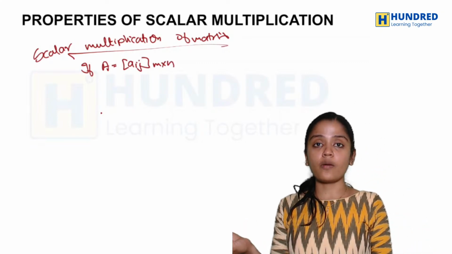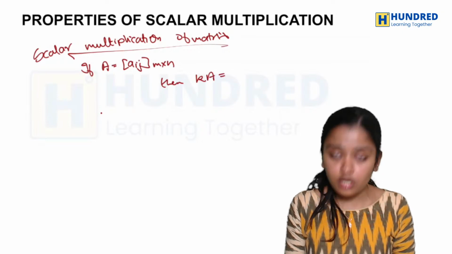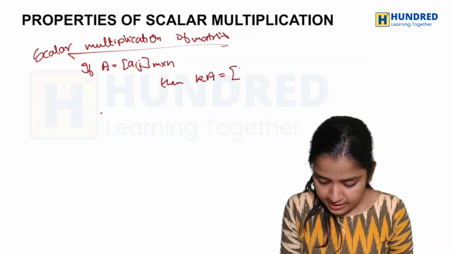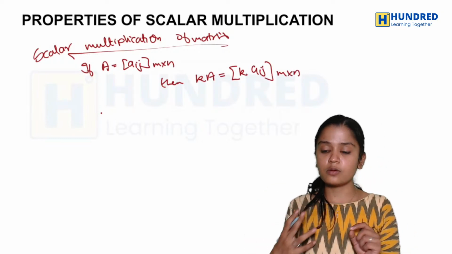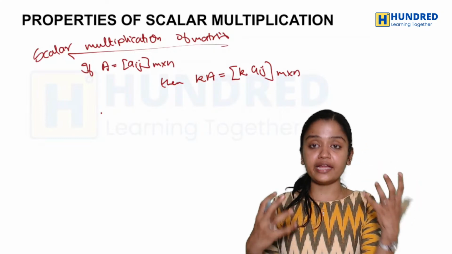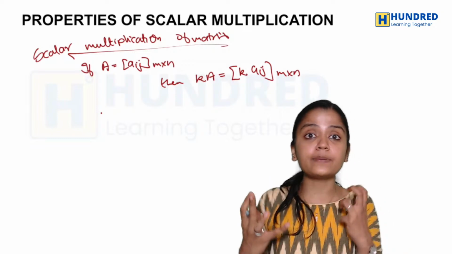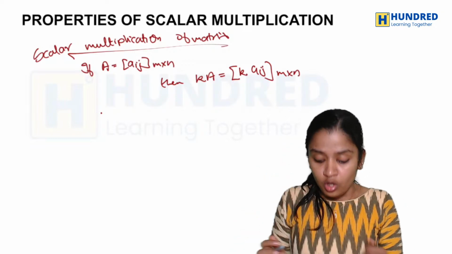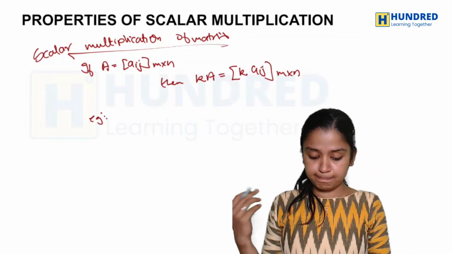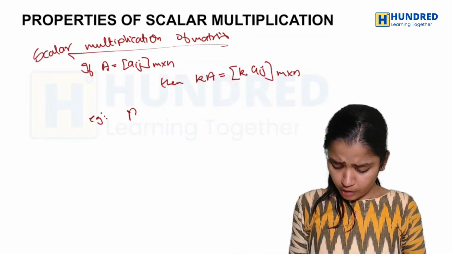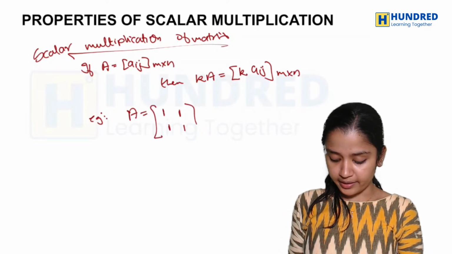and then you're multiplying a k to it, so basically k into Aij, that is m cross n. When you multiply a scalar outside, each and every element inside the matrix will be multiplied by the scalar. For example, say A is 1, 1, 1, 1.